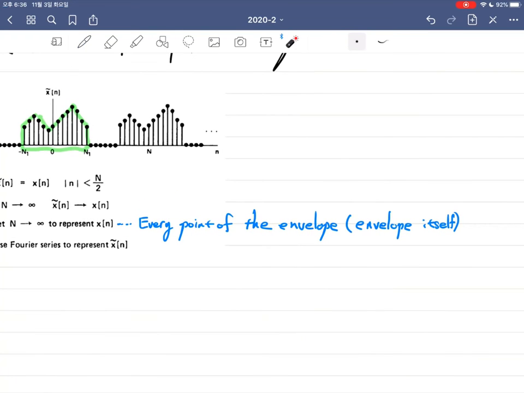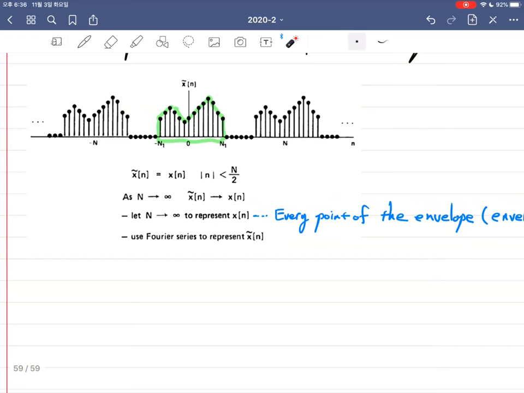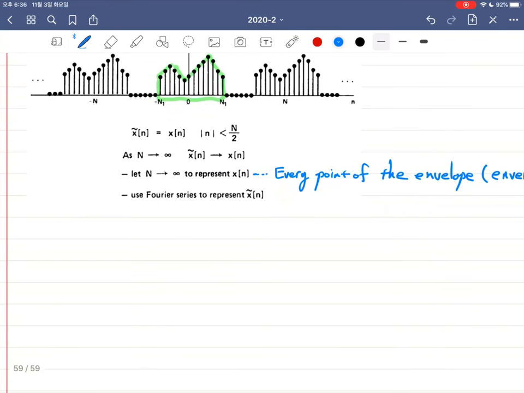I'm not going to derive the two equations for the Fourier representation, because it's basically the same derivation. I'm just going to write them down. You can refer to the content that we did in continuous time.